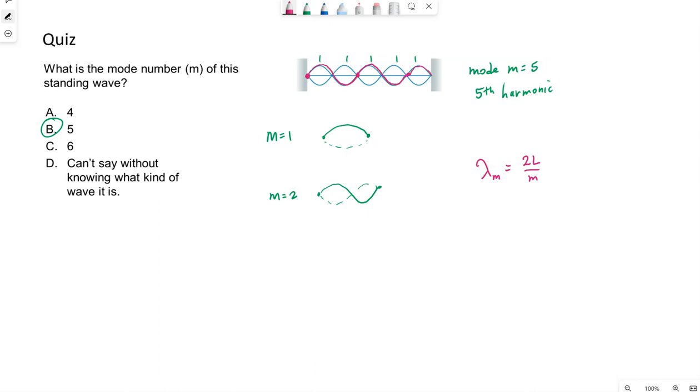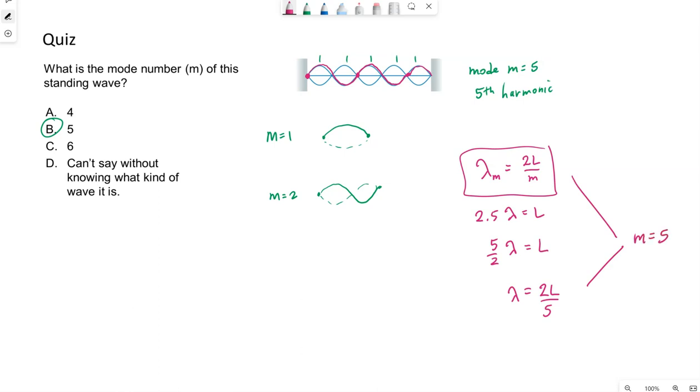So I have 2.5 wavelengths here on the length of this string. So 2.5 is what, 5/2 wavelengths? And I can solve for the wavelength as being 2L over 5. If I relate that here, 2L over m, that means m has to be 5. So that's another way to reason this out.